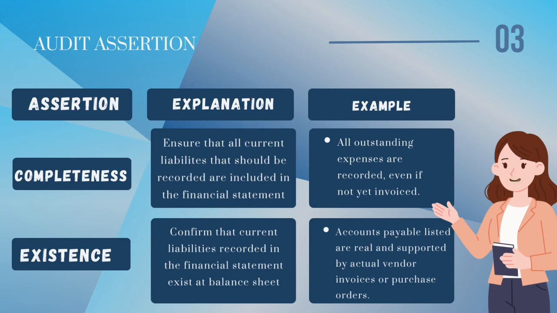By testing these assertions, auditors can ensure that accounts payable are fairly presented and reliable in the financial statement. Understanding account current liability helps companies maintain financial accuracy and build trust.